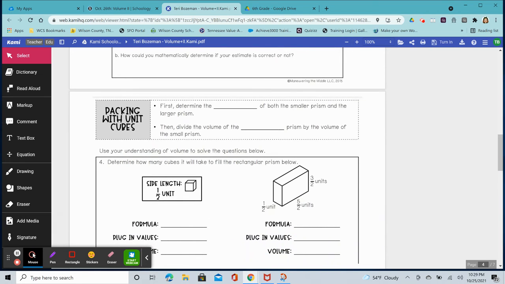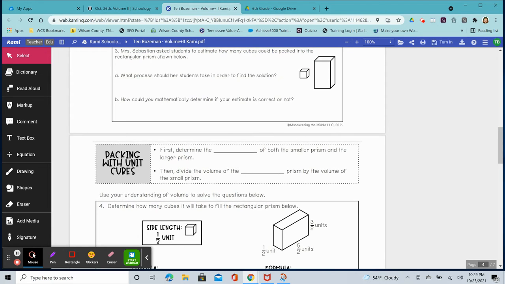All right, packing with unit cubes. It says first determine the blank of both the smaller prism and the larger prism. And then it says then divide the volume of the blank prism by the volume of the small prism. So, we're going to take a look at some other problems and we'll come back to those fill in the blanks.